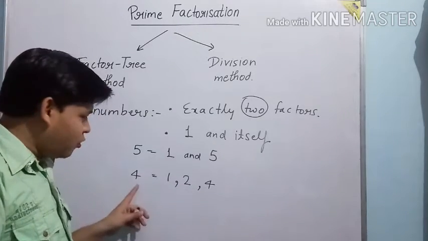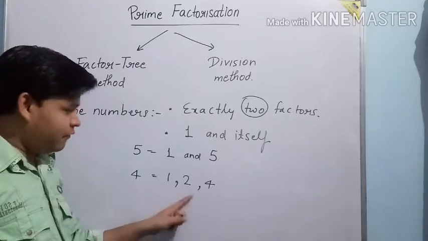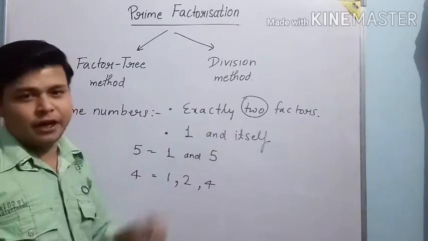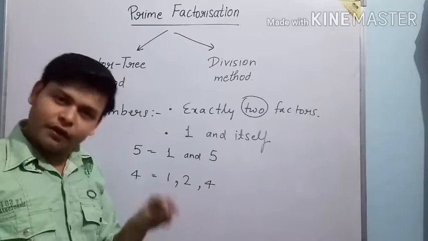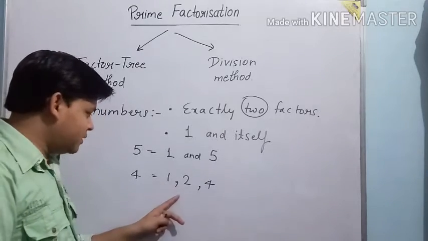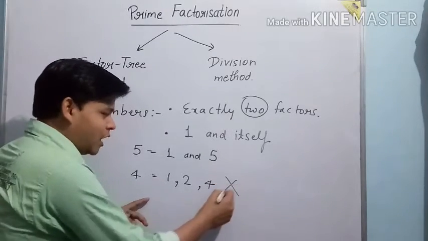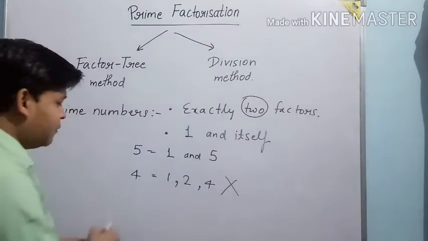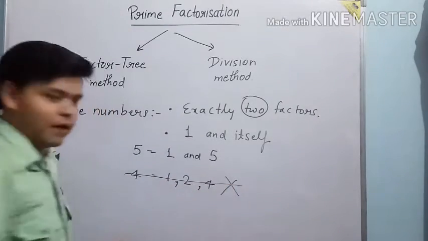That means this number 4 has three factors. That means more than 2. जबकि हमें यहाँ बताया था केवल और केवल 2 ही factors होंगे. That means that 4 is not a prime number. 4 prime number नहीं है, right?